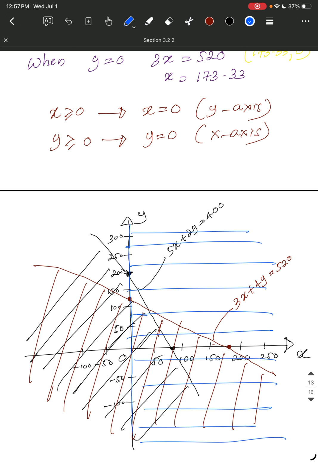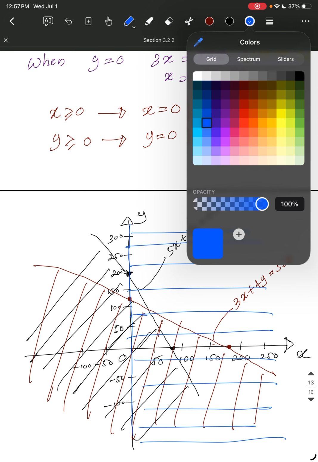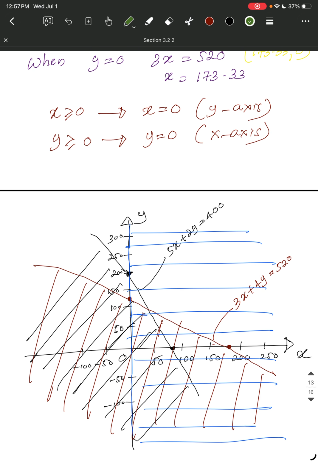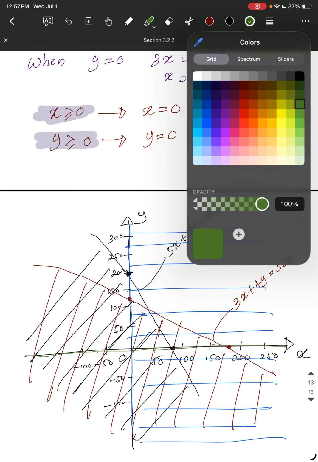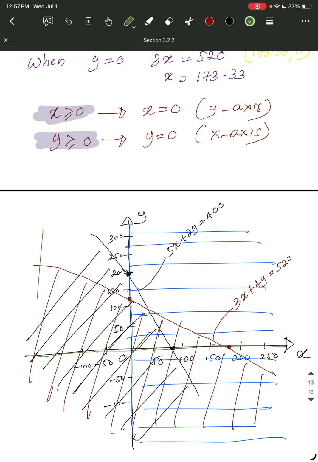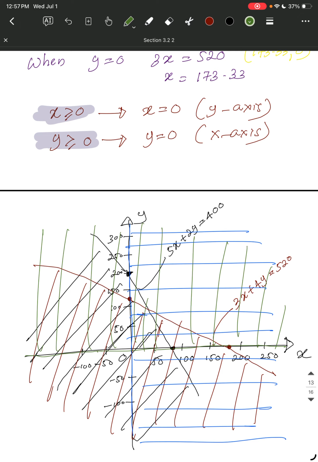Next, y equals 0 means the x-axis. And y greater than 0, right? y greater than 0, x greater than 0. So y greater than 0 means this.